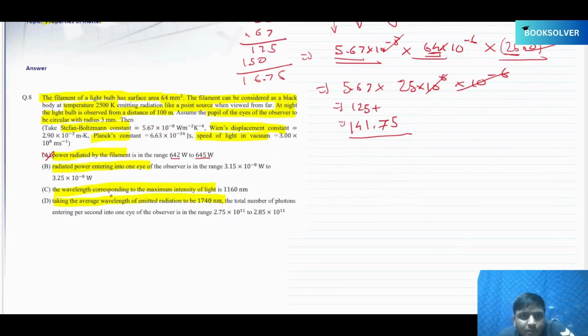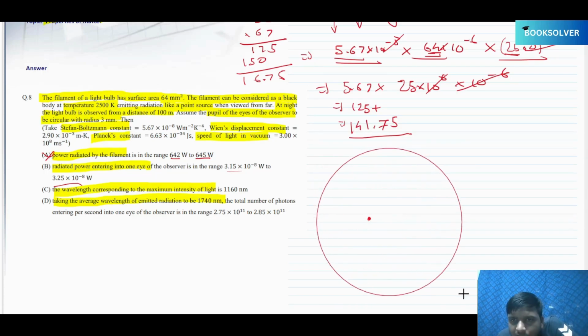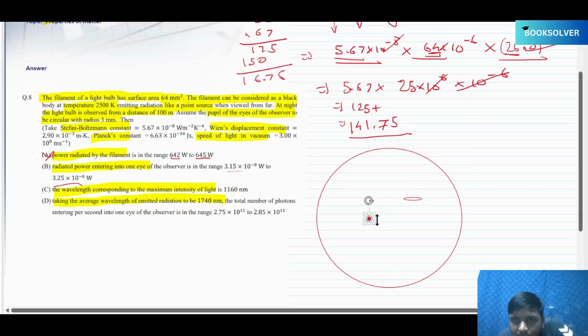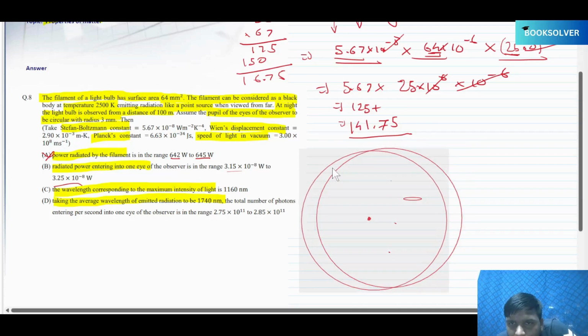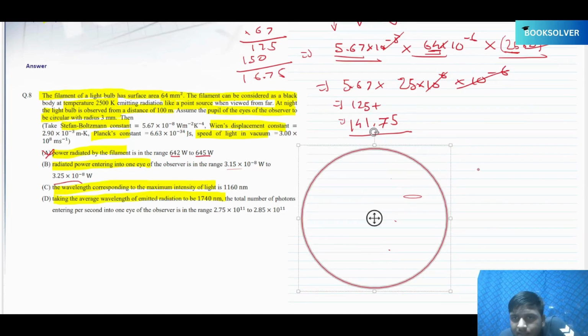Now, moving on to option B, what is the radiated power entering into one eye of the observer, within this range? To do this option, what we have to consider is intensity. Suppose this is the point source. Let me first imagine this question, and let's suppose this is the region, with the source at the center.